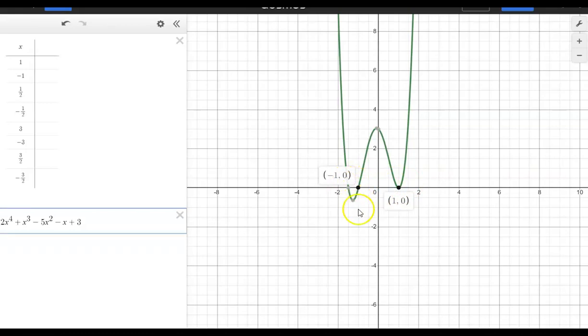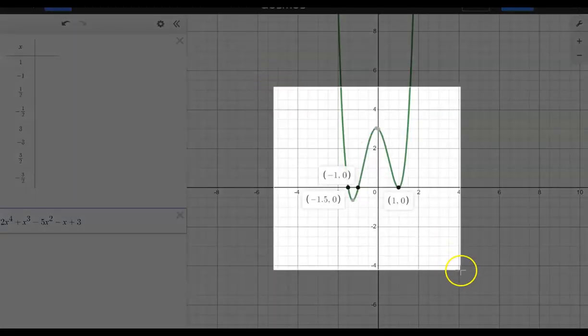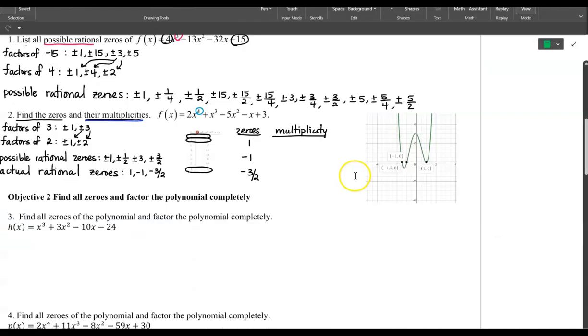At negative 1, we're crossing through the x-axis, and at negative 1.5, we're also crossing through the x-axis. And what we learned in a previous lesson is that if a zero is only touching the x-axis, it has even multiplicity. So 1 must have multiplicity 2, because the graph is touching the x-axis at 1.